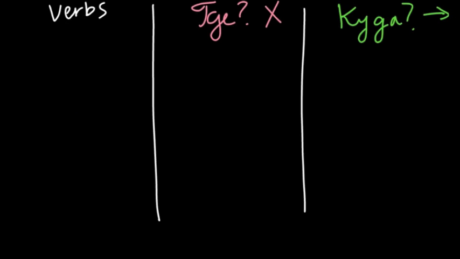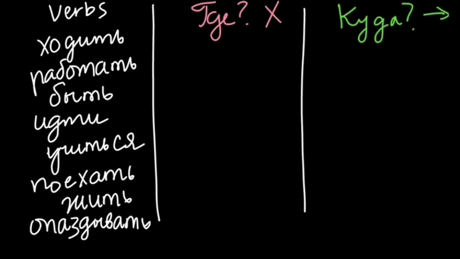We have certain verbs that are associated with где and certain verbs that are associated with куда. Can you put these in the list? How about ходить? Is ходить associated with где or куда? Ходить is a verb of motion, so we'll put it with куда.